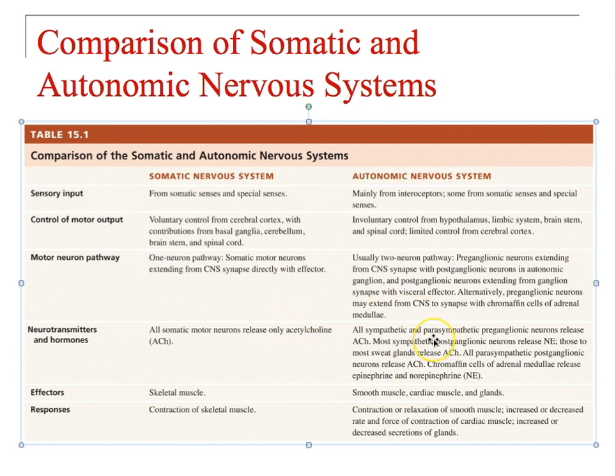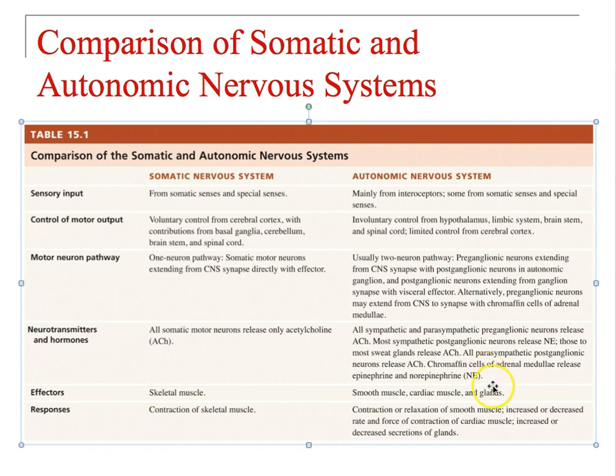Inside the sympathetic and parasympathetic nervous systems, remember from my cartoon a moment ago, we broke it down to acetylcholine for all preganglionic neurons. And then the distinction for the parasympathetic nervous system, we will use primarily acetylcholine. And for the sympathetic nervous system, we'll primarily use epinephrine and norepinephrine.